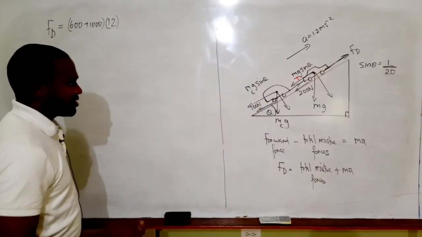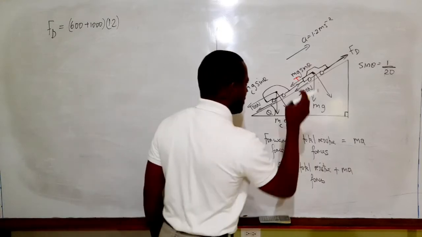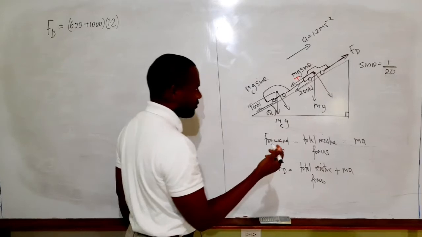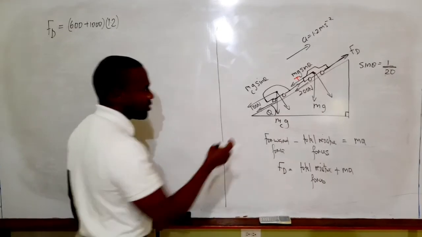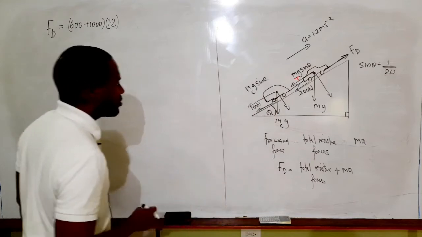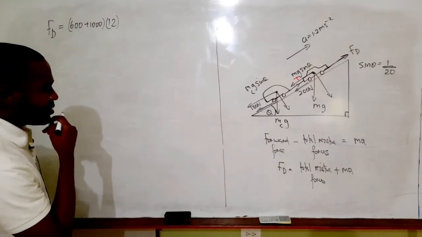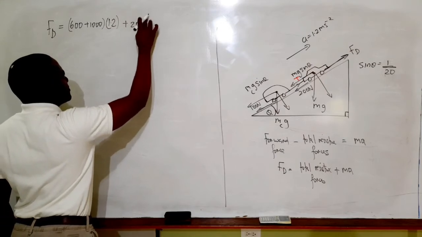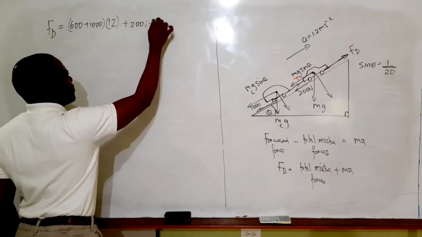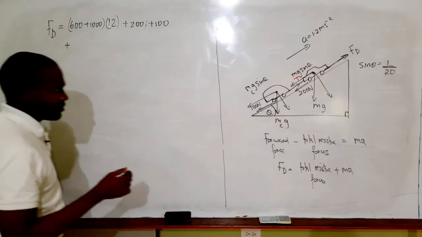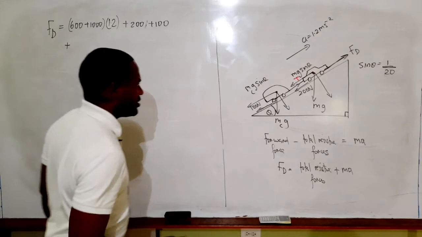Now, the resistive forces, of course, would be the 200 Newton and the 100 Newton frictional forces, and also the components of the vehicle's weight, which are acting down the slope, right? And so this will give us plus 200 newtons, or 200 plus 100, and for the caravan it would be mg sine theta.